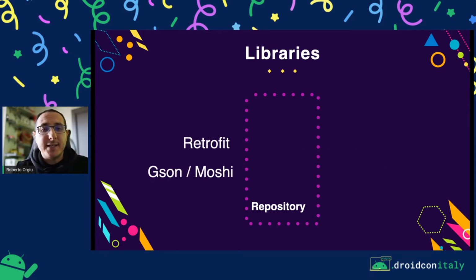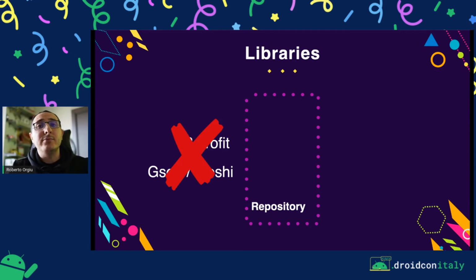That is that basically we cannot use them on Kotlin Multiplatform because they're all based on Java library, Java, and well, we don't have a way to make them run on Kotlin Multiplatform as of today. Probably there will be soon, but as of today, we have to rely on other technologies.